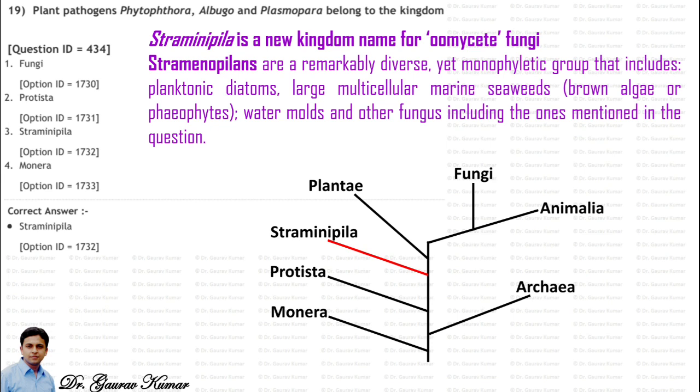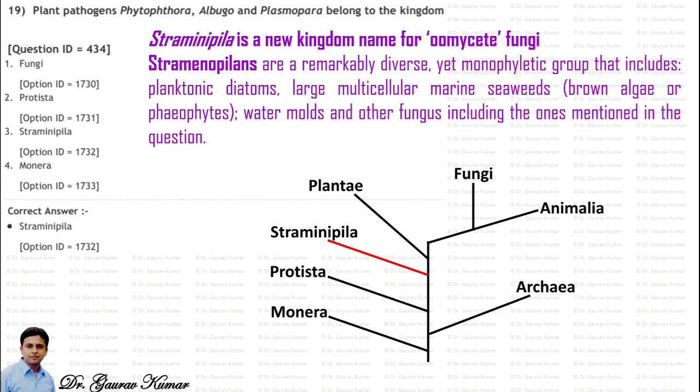Stramenopiles are a remarkably diverse yet monophyletic group that includes planktonic diatoms, large multicellular marine seaweeds, brown algae or phaeophytes, water molds and other fungi, including the ones mentioned in the question. This figure I'm sure I have drawn on the blackboard if you were in my class, so of course you will come to know.